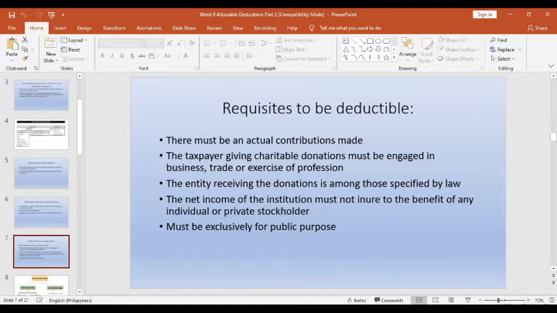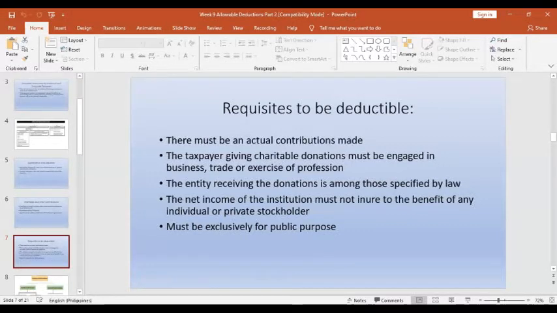So whatever the contribution or gift that the taxpayer gives, it should be used in or come from the profession. Those properties are engaged in the business and profession of the taxpayer. The entity receiving the donation is among those specified by the law. There are also rules on how these gifts must be received by the recipient.